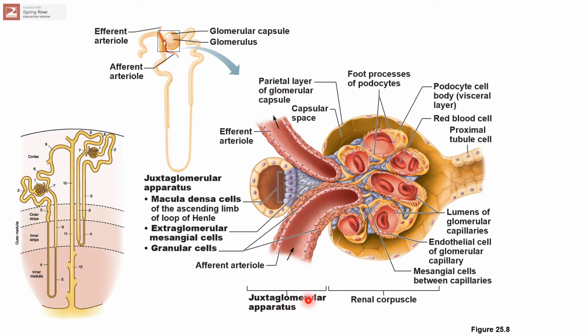Now there are three main components of the juxtaglomerular apparatus that regulate filtrate formation and the blood pressure of the body, and the blood pressure of the glomerulus as well. So what does filtrate mean? The process of filtration occurs in the glomerulus, wherein a lot of fluids are filtered from the blood.